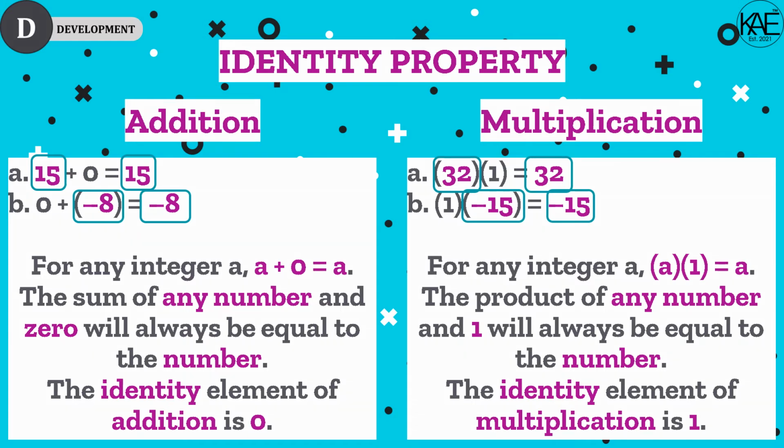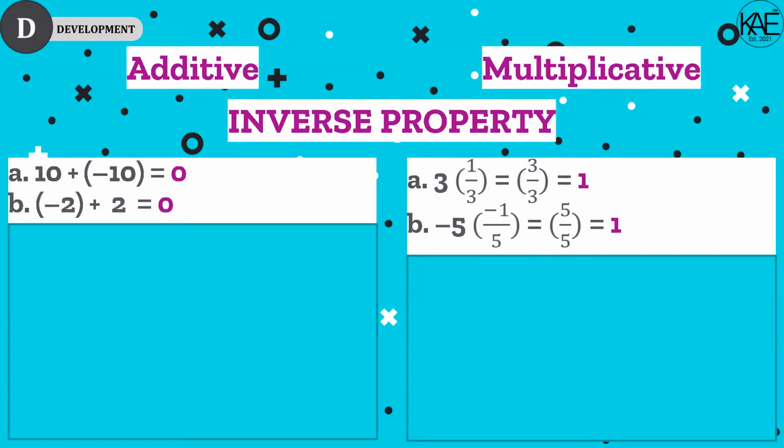Here are some examples of the additive inverse property. Letter A, 10 plus negative 10 is equal to 0. Letter B, negative 2 plus 2 is equal to 0.